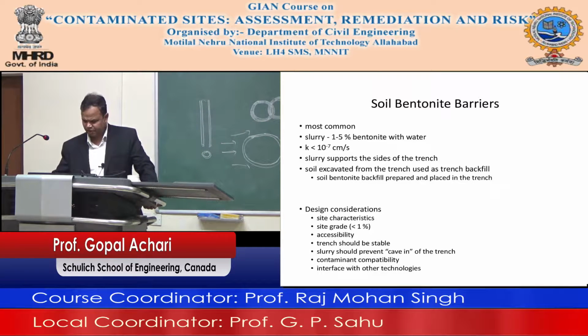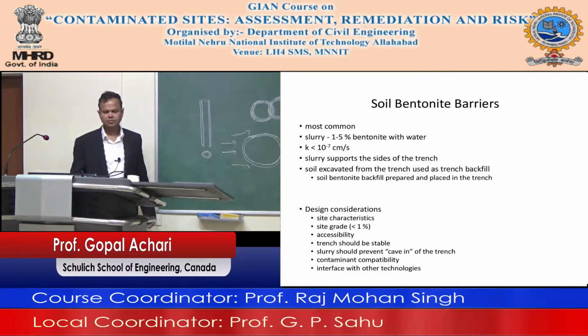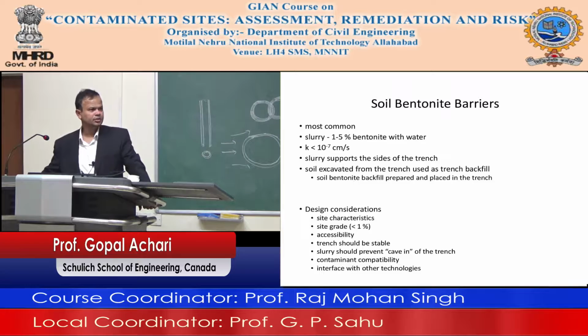So this is the preparation of a soupy mixture, as you can see, and then you put it in and compact it. Cement bentonite barriers are composed of water, cement and bentonite. It is not used where you need a very low permeability, because cement and bentonite will react and it will not get the low permeability that you want from bentonite alone.